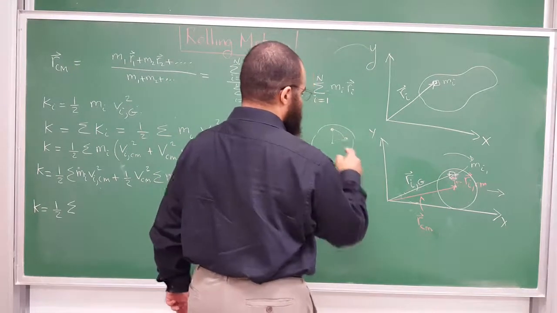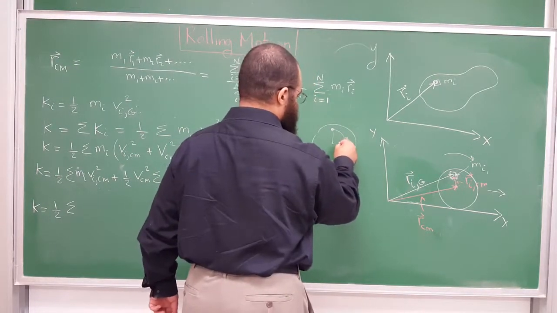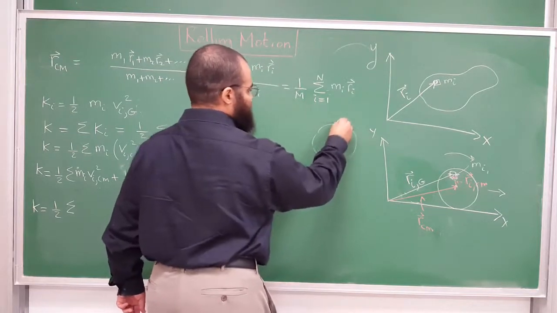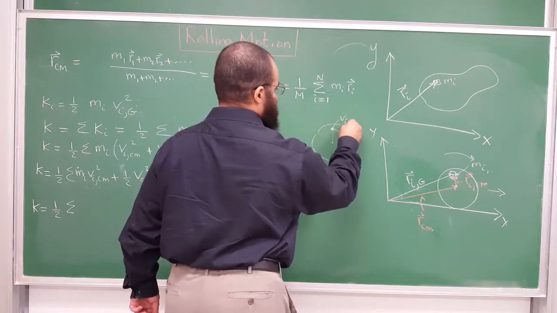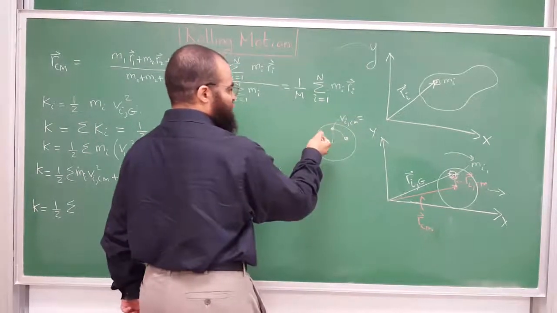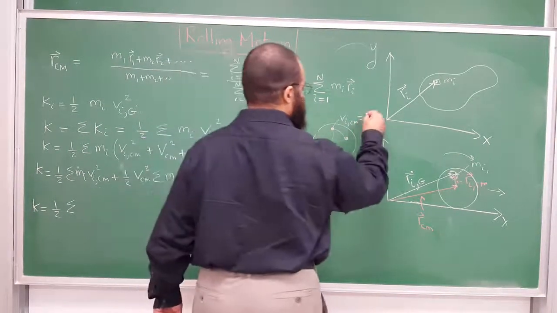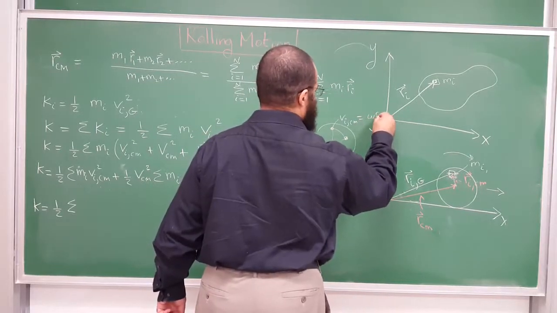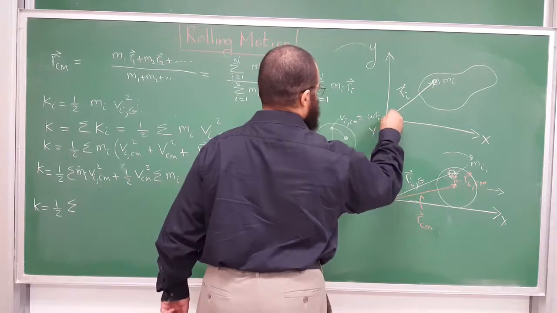So the velocity of an mi relative to the center of mass, Vi relative to the center of mass, will equal how quickly the object is rolling times r relative to the center of mass. So it's omega times Ri relative to the center of mass.